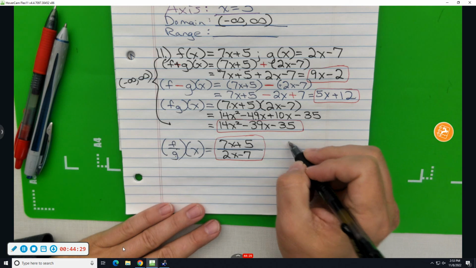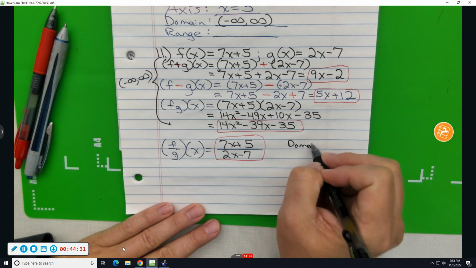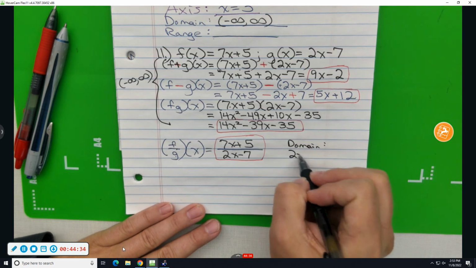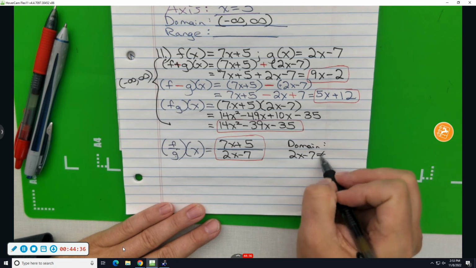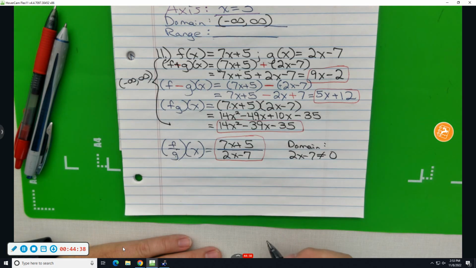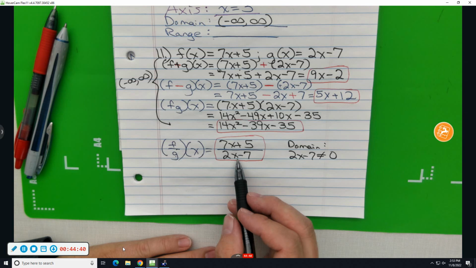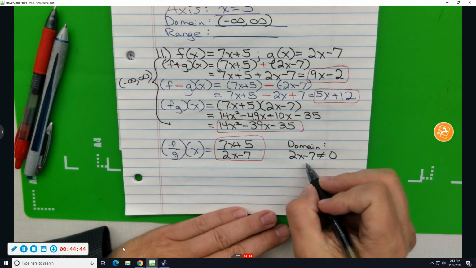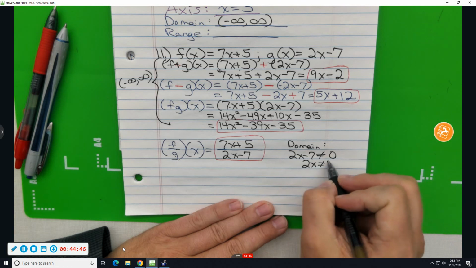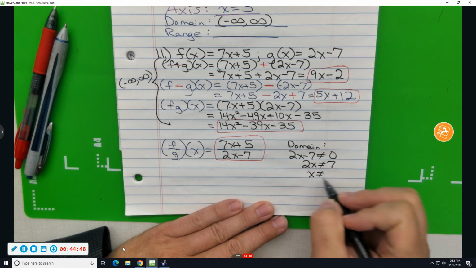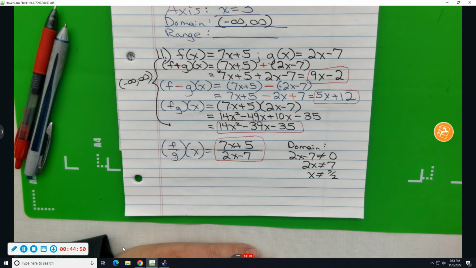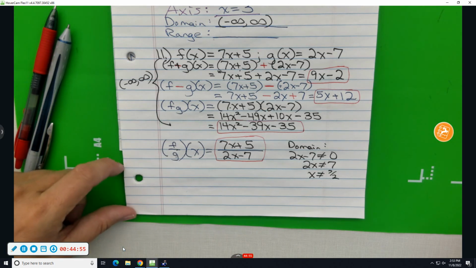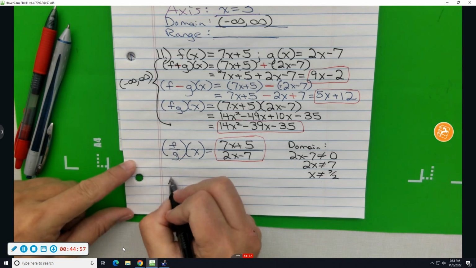So when we're looking at the domain, 2x minus 7 cannot equal 0. The denominator can't be 0 because division by 0 is undefined. That means 2x cannot equal 7, so x cannot equal 7 halves. So the domain is all real numbers except for 7/2.